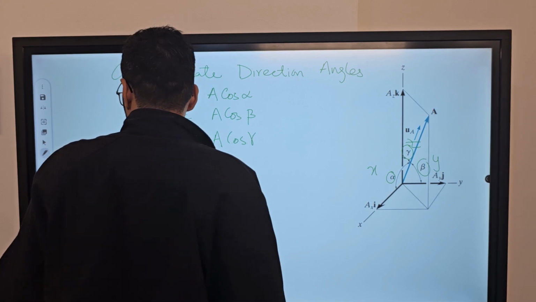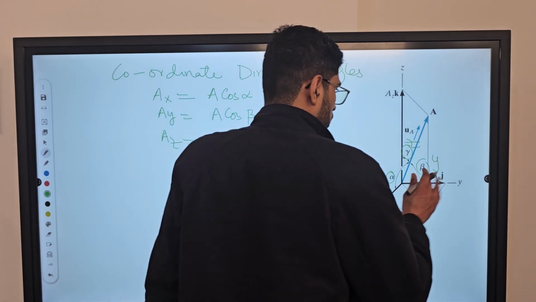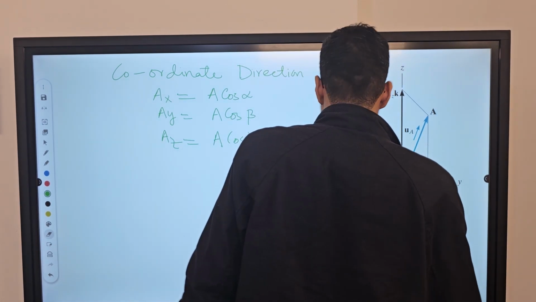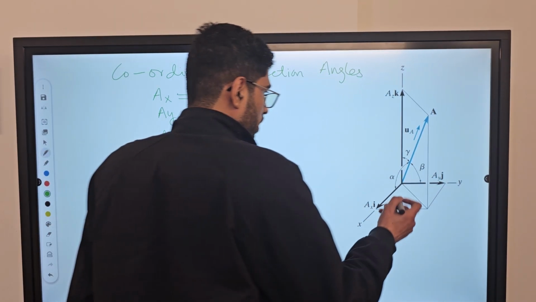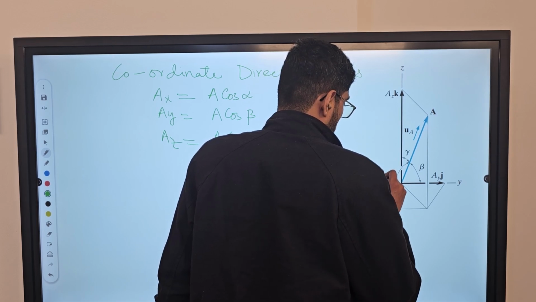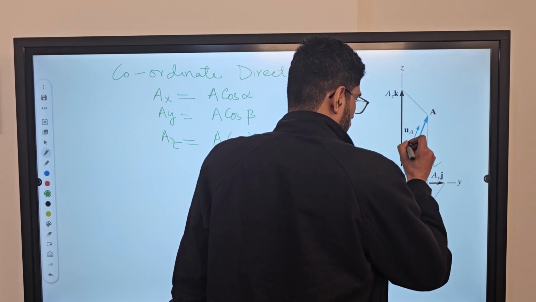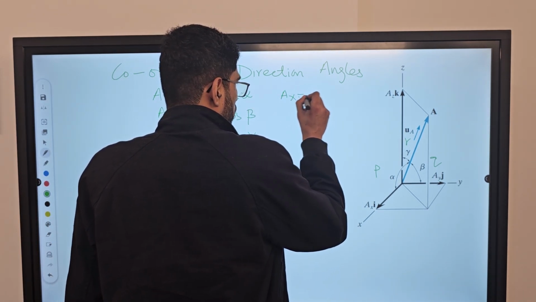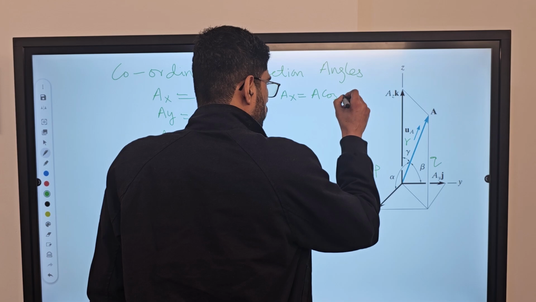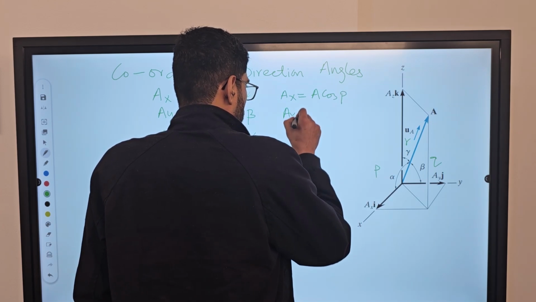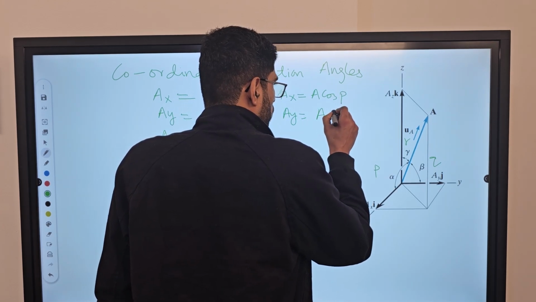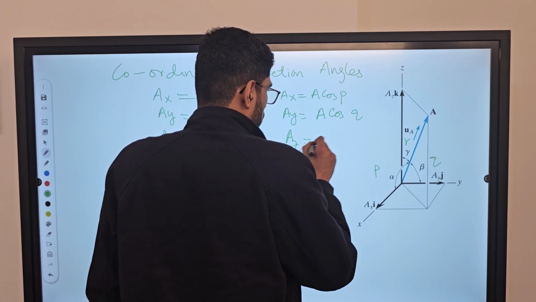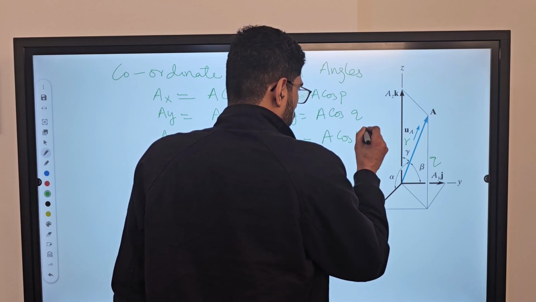Or if, in place of alpha, beta, and gamma, we are given angle p, angle q, and angle r, then AX is A cos of angle p, AY is A cos of angle q, and AZ is A cos of angle r.